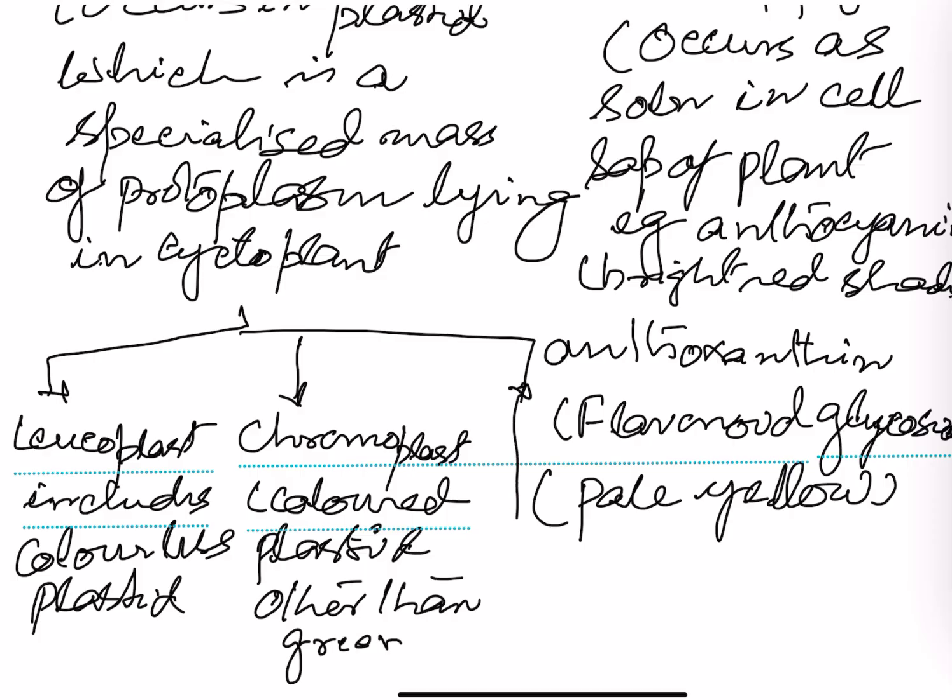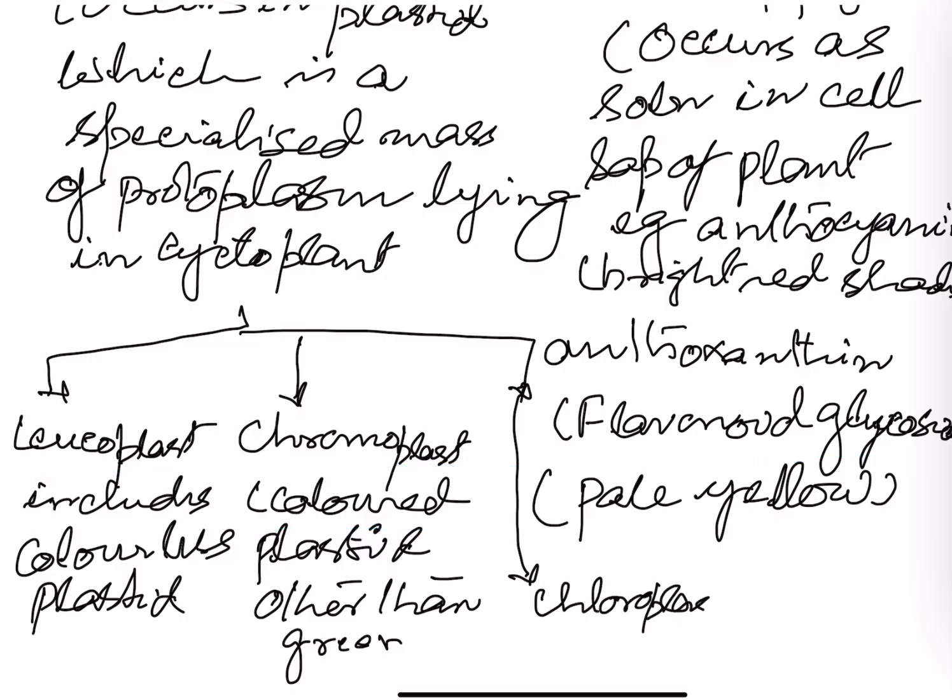And the last one is your chloroplast. It is your green plastid, and you can say it is your chlorophyll. Now this is the whole story, of where the flavonoid comes from.